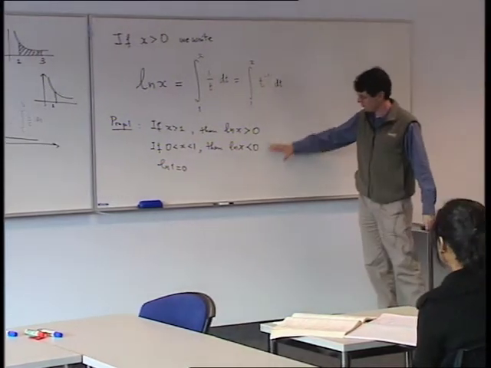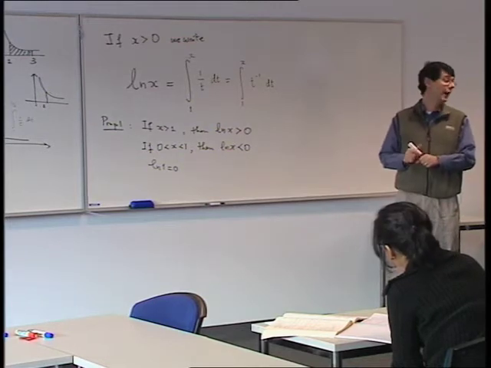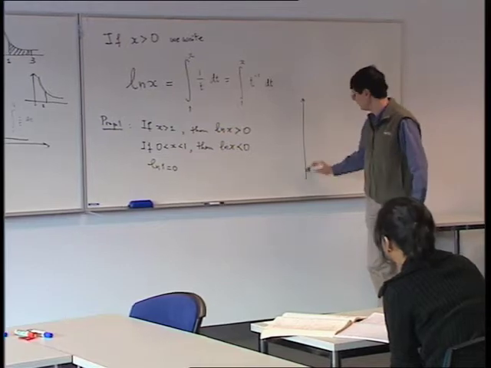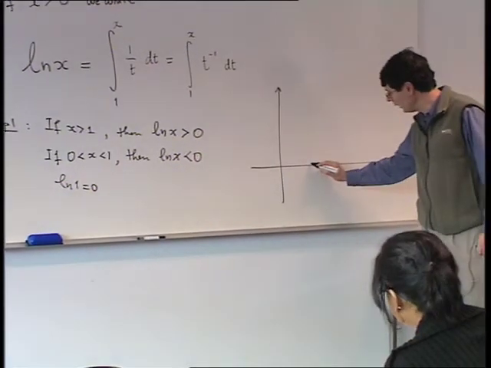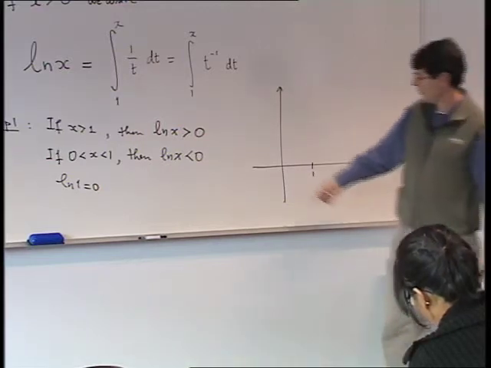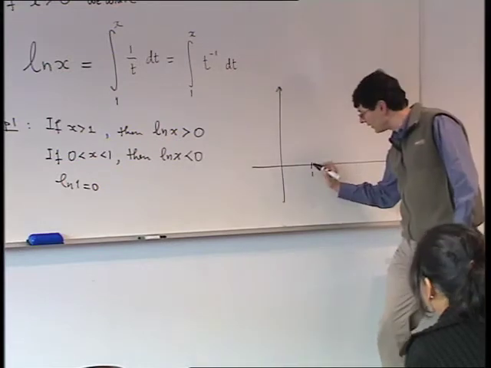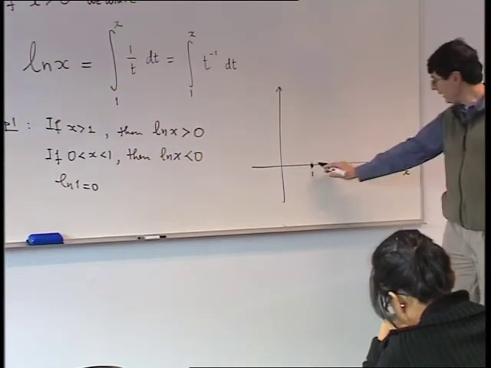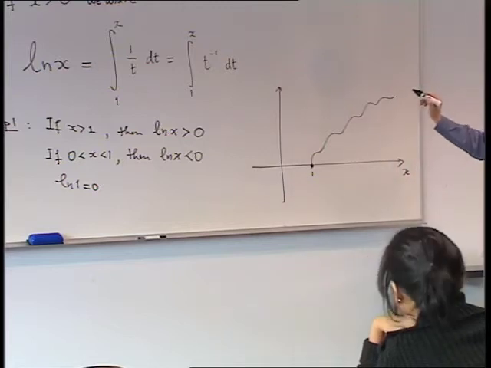So let's see, from these properties here, I can attempt a sketch of a graph of log. Here's x, here's 1. Now, when x is 1, the log is 0. So the graph goes exactly through here. If x is bigger than 1, the graph is going to be positive. That's not a true graph, okay?